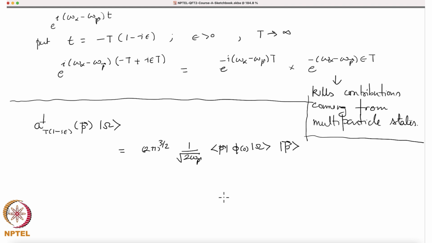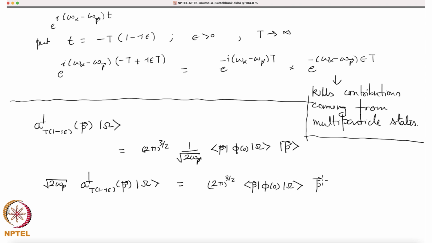I will write it in a more familiar form. I will take this root 2 omega p to the left hand side. So 2 omega p in the square roots times A dagger of t1 minus i epsilon with argument p acting on omega gives you 2 pi 3/2 times this factor times p.